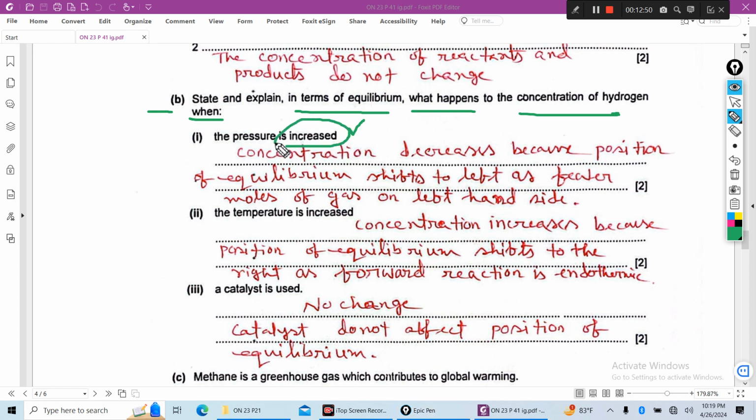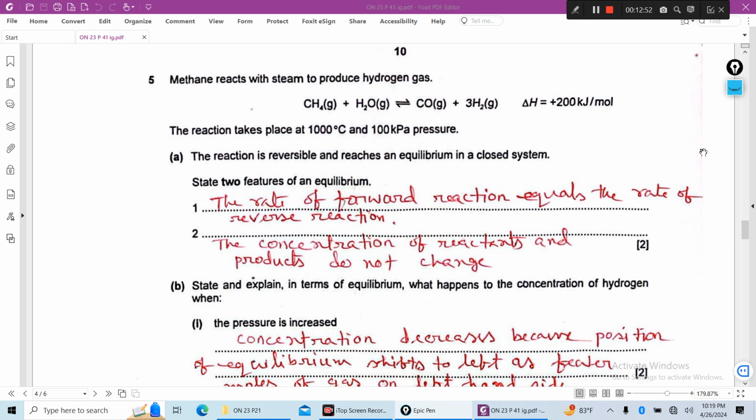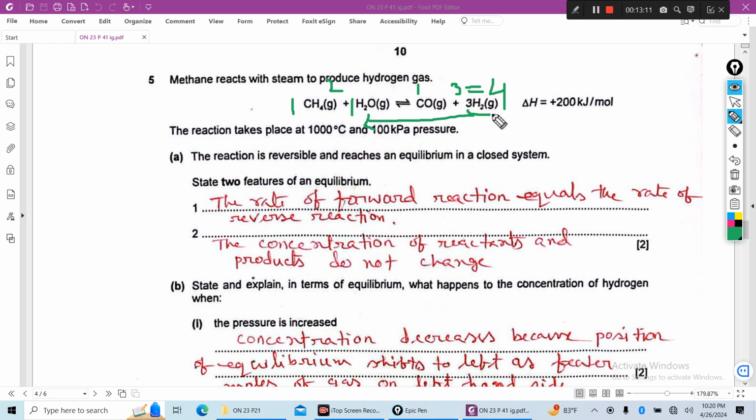If you increase pressure, left side has 1 mole plus 1 mole, 2 moles total, right side 1 mole plus 3 moles, total 4 moles. So if you increase pressure, equilibrium will move from right to left. So concentration of hydrogen decreases.